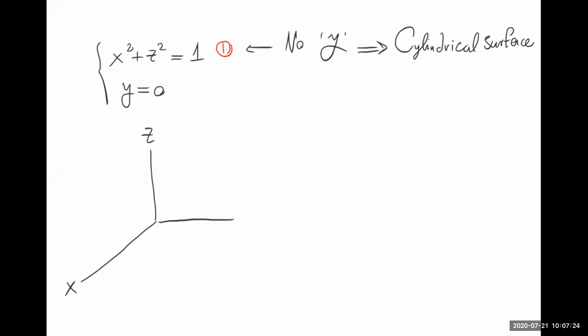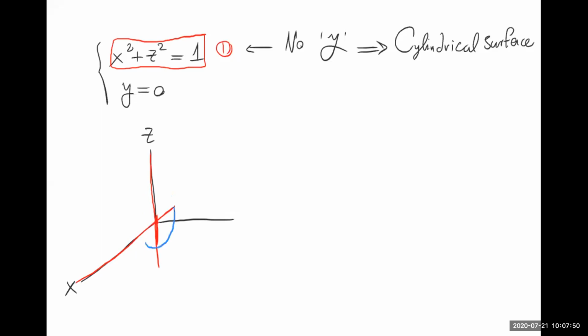centered at the origin. This equation is written in terms of x and z, so I should look at the xz plane. This is x, this is z, this is the xz plane. x squared plus z squared equals 1 is the equation of a circle with radius 1 in that plane.